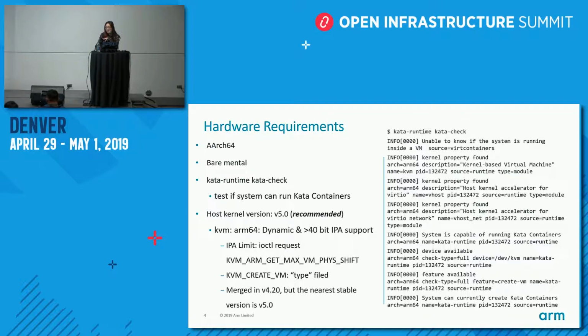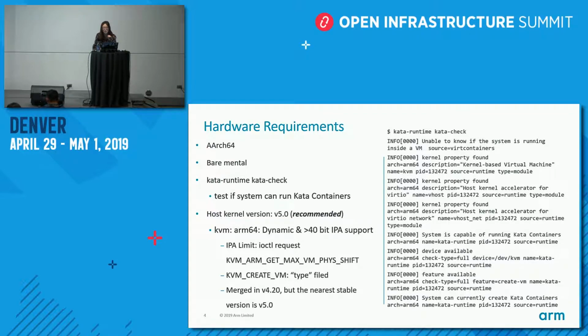So here is one preference. We strongly recommend you to update your host kernel version to the stable one. You pay attention here, it is the host kernel version, to the stable version 5.0. Why is that? Because it has the significant patch about increasing the IPA bits to more than 40 bits. So why do we need that CPU feature?